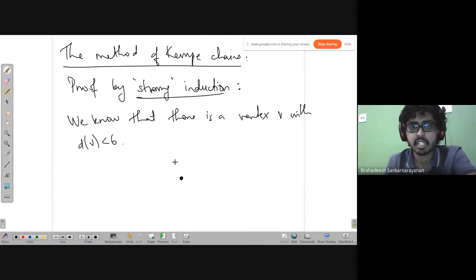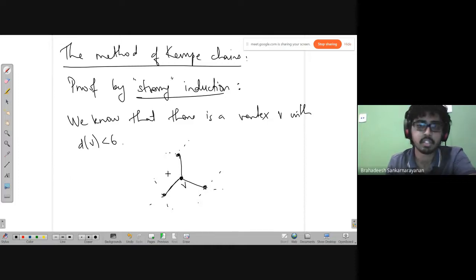Suppose it has degree less than 5, less than 4. So suppose there are only 3 edges going out from V. So this is V. Say there are 3 edges going. Suppose there are some more edges over here, some over here, something like that.